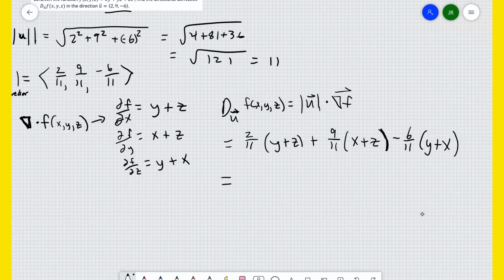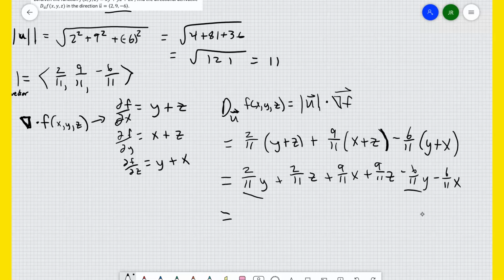Let's just see. 2/11 y plus 2/11 z plus 9/11 x plus 9/11 z minus 6/11 y minus 6/11 x. Let's see if we can combine some like terms.